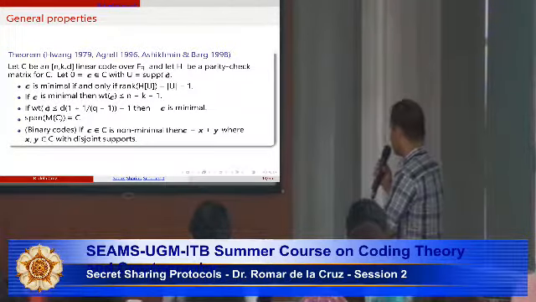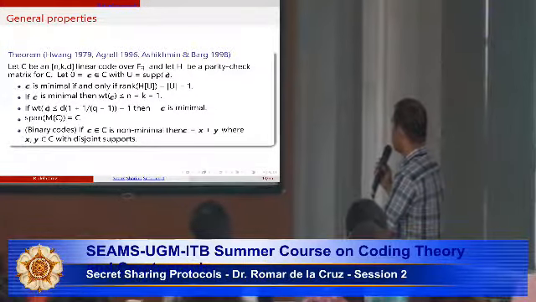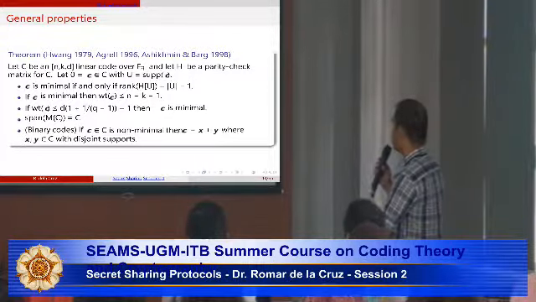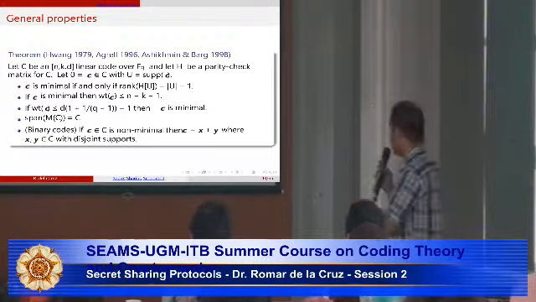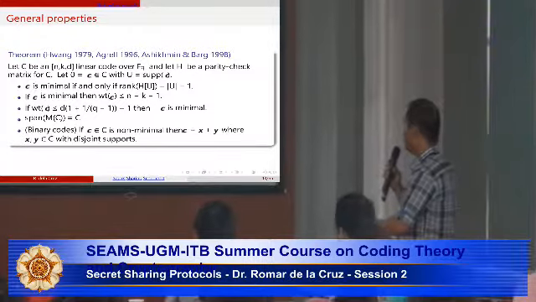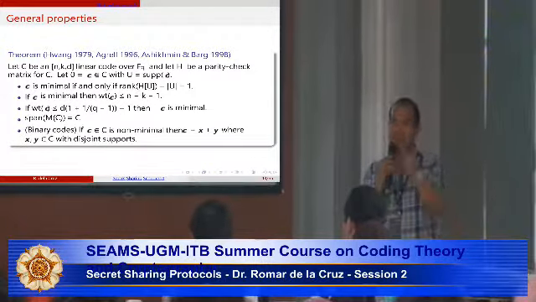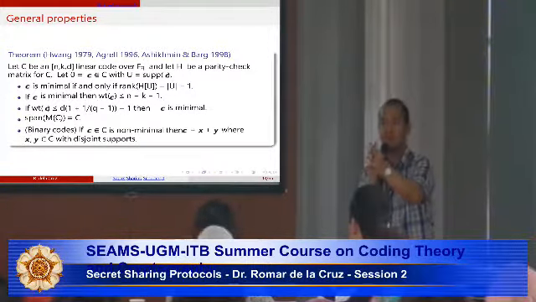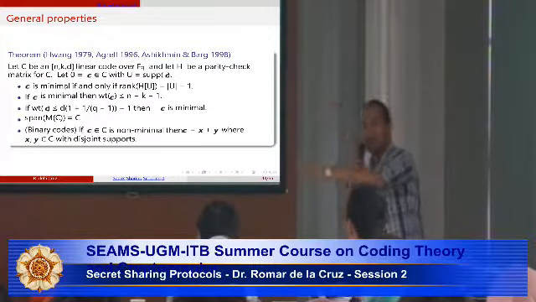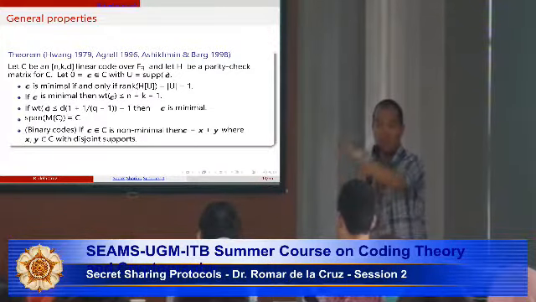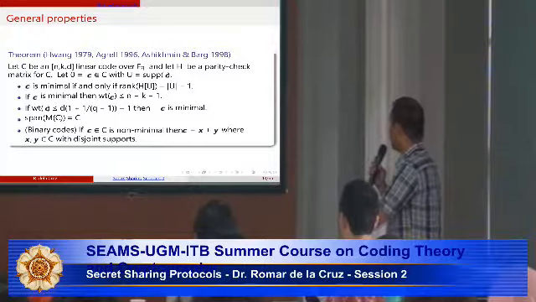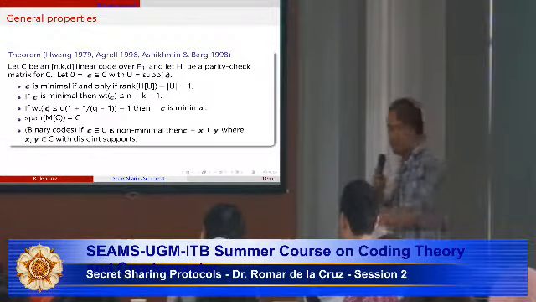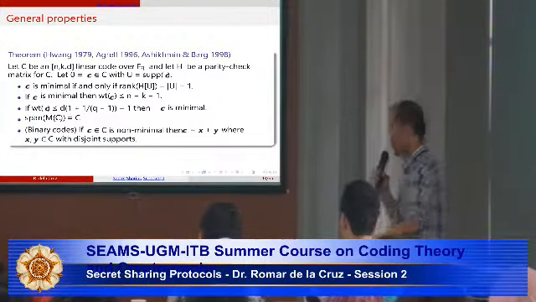Now, what is this matrix? This is the parity check matrix restricted to the columns corresponding to the support of C. So you have C, you consider the support, you consider the corresponding columns in the parity check matrix, and then you look at the rank of that matrix. If the rank is equal to this, C is minimal.